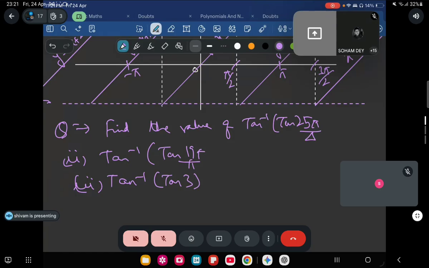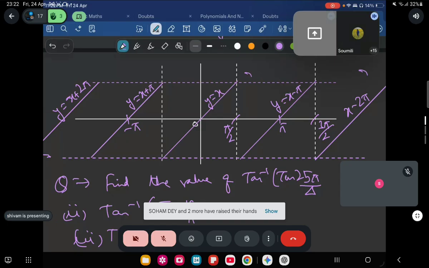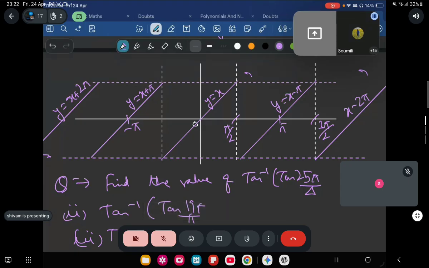Yes, Shamili, tell me. Sir, it is like pi by 4. Pi by 4? What are you saying? It's tan inverse tan 3. Sorry, not pi by 4. I mean, tan of 25 pi by 4 is like 6 pi plus pi by 4, which is tan pi by 4.